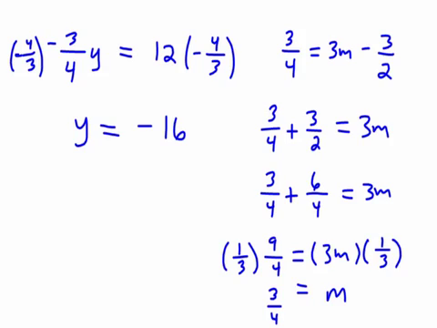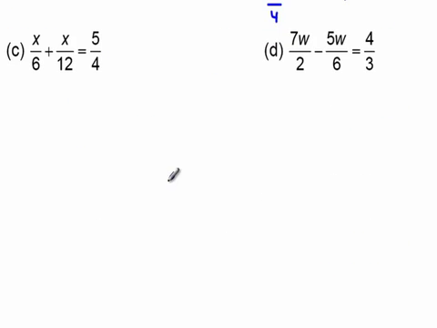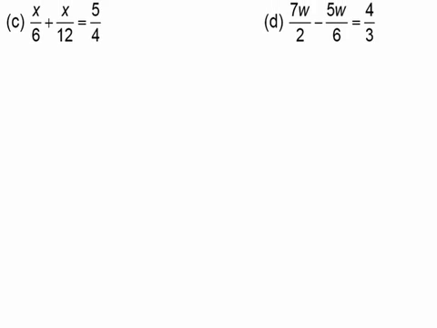Part C. x over 6 plus x over 12 equals 5/4. We'll add these fractions together, get a common denominator. So that's x over 6. Actually, we're going to get a common denominator of 12.